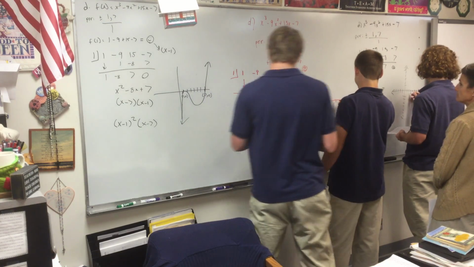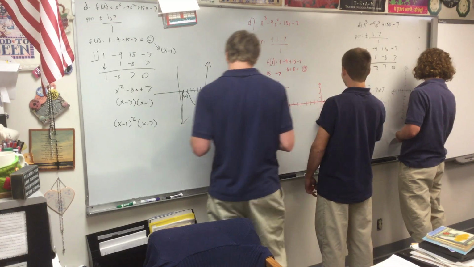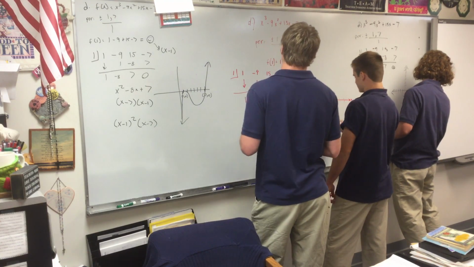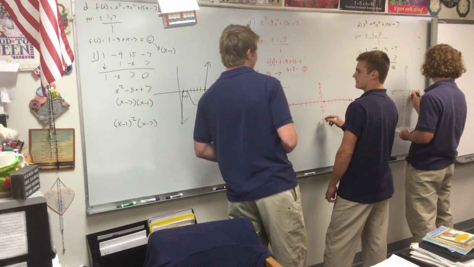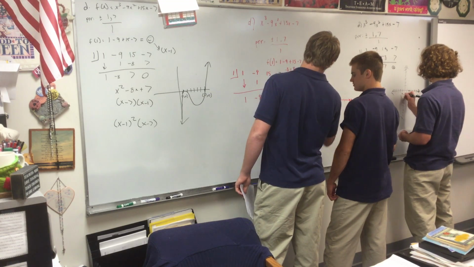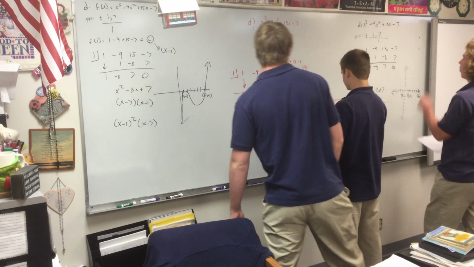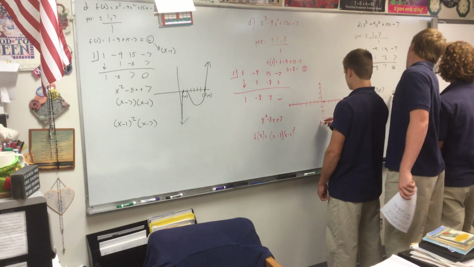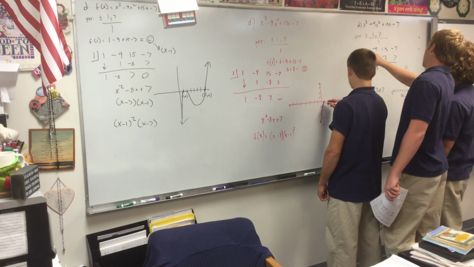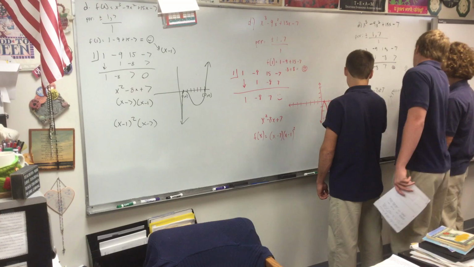Make sure it bounces off. That's what got my mentor. Oh, really? What? It's 1 squared. This one. You can't forget about A. So it bounces off.